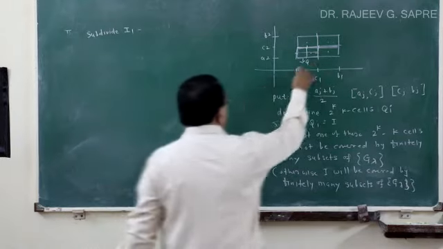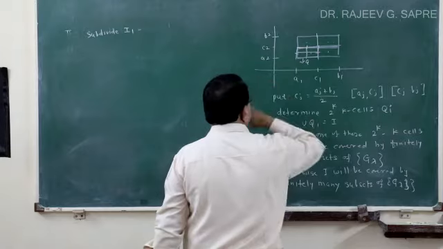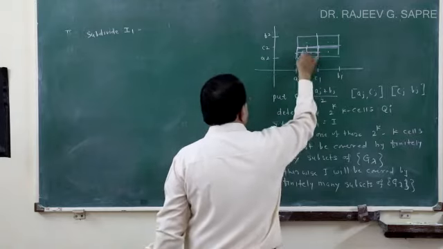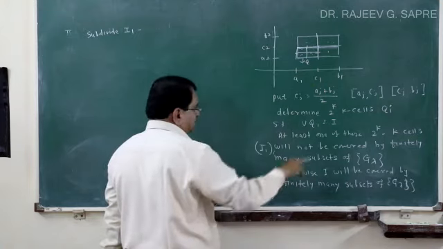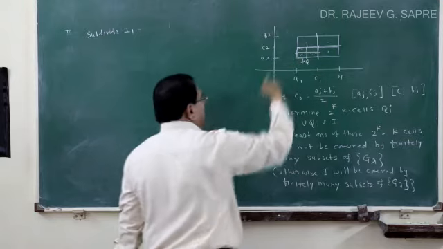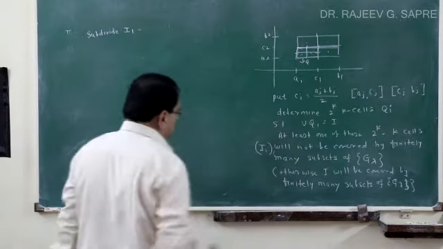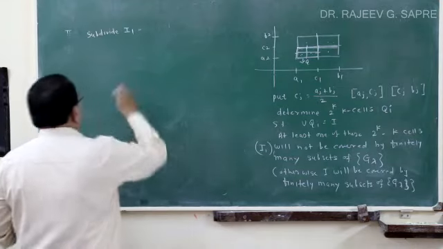For example, when I take I1, this is divided again by taking their midpoints into 4 parts. Again the same logic we will use. At least one of these 4 parts is not covered by finitely many subsets of G lambda, because if it is so, then everything is covered by finitely many, and that is not the case. So subdivide I1, and continue the process.